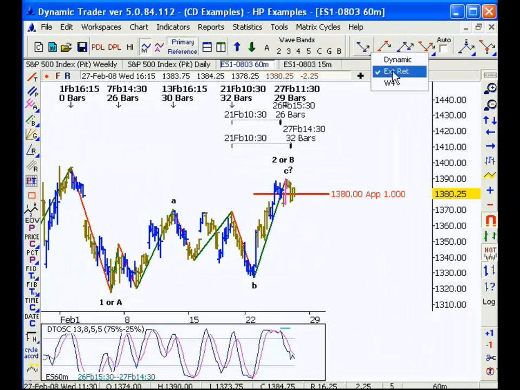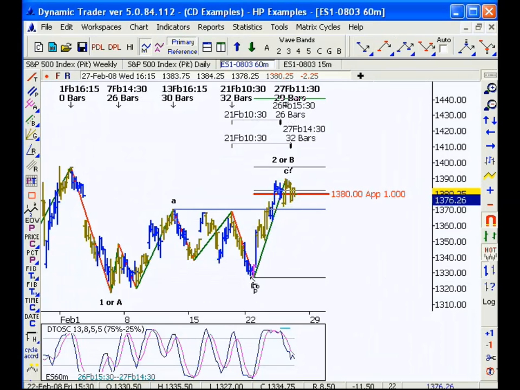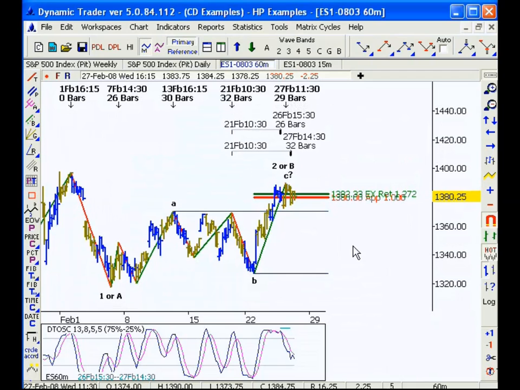What about external retracement? Well, let me clean the chart up a bit here. We've got the 127% right near the 100% alternate price projection and the 162% a little above it. What we know is right around the high on the 27th was a 78.6% retracement, 100% alternate price projection, 127% external retracement.